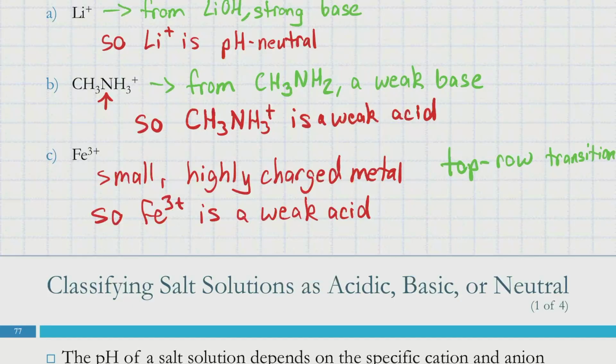So we'll say top row transition metals with 3+ or higher, also aluminum 3+. That would be a good general concept for those small, highly charged metals.